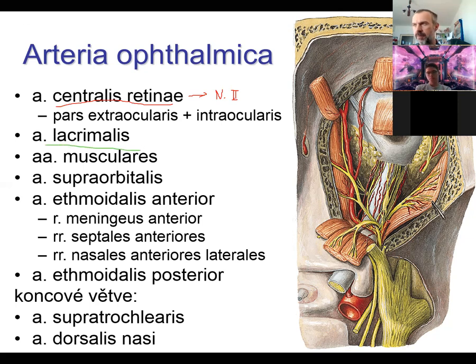Lacrimal. The lacrimal is cut here and visible here as it supplies the lacrimal gland. So it runs laterally. Yeah, the lacrimal artery runs here laterally, supplies the lacrimal gland. Supraorbital is not new for you. Supraorbital is this one.